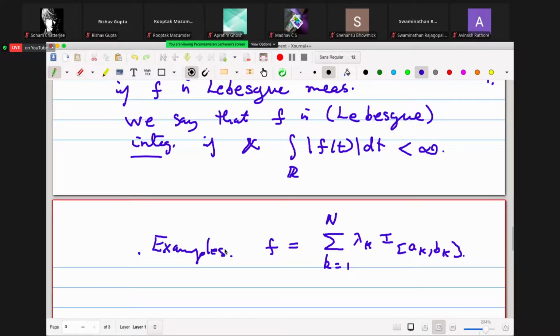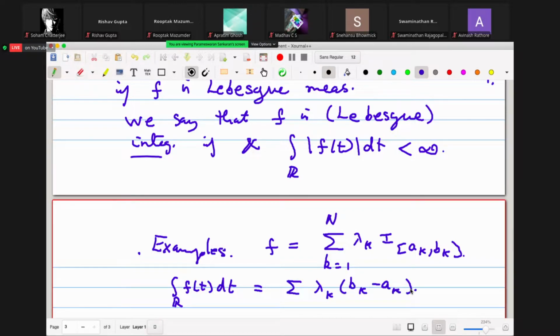In this case, these are all integrable, that's obvious. And what is the value of this integration over R of f(t) dt? By definition, this is equal to the summation of lambda_k times (b_k minus a_k), the length of the interval.